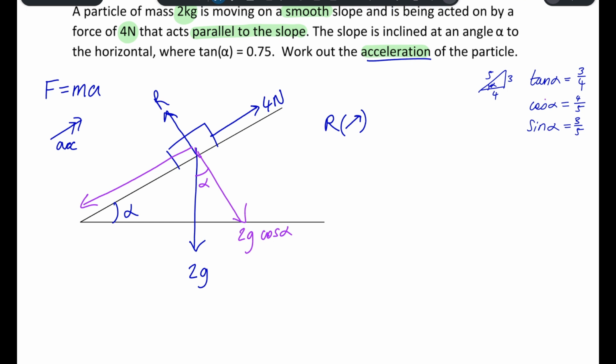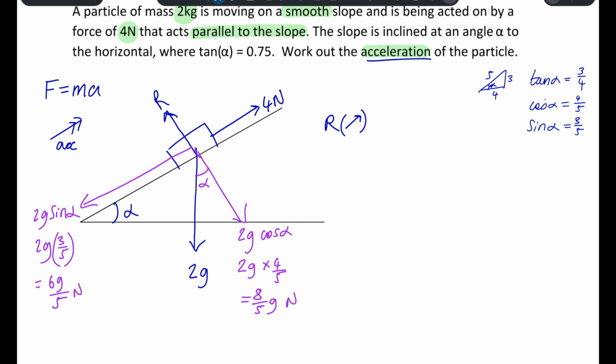So in other words, this is 2g times 4/5, which becomes 2 times 4 over 5, so it's 8/5 g, 8 over 5 g. And then the other component here is going to be 2g sine alpha, and sine alpha, from what we remember before, is going to be 3 over 5. So this is going to be 2g times 3/5, which is 6g over 5. And that is a force, so both of those are in newtons.